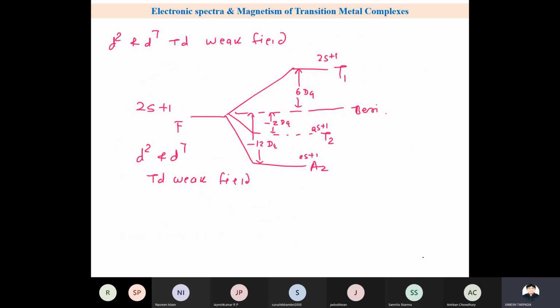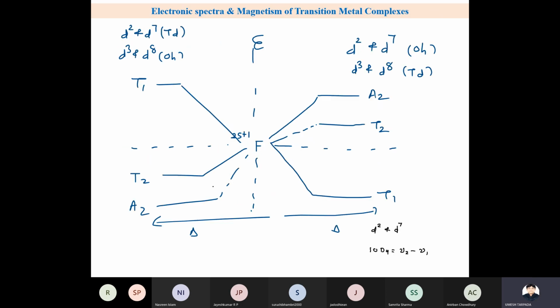I am talking about the D2 and D7 systems: 10 Dq equals nu2 minus nu1. Is it okay? Nu2 minus nu1 is called the 10 Dq value. We will see that later, so this is a formula you can remember.